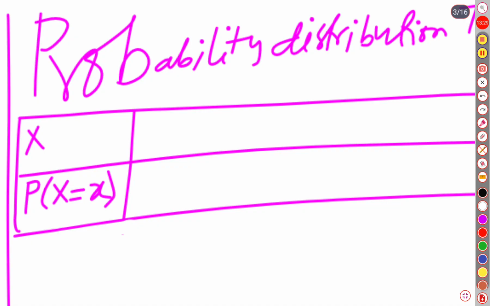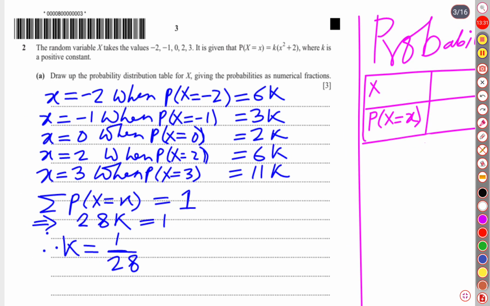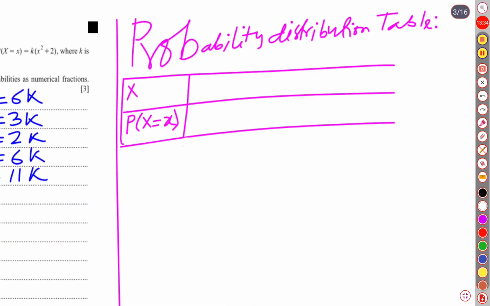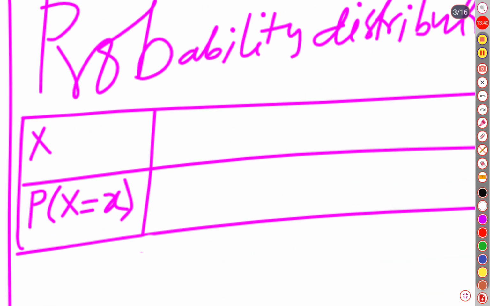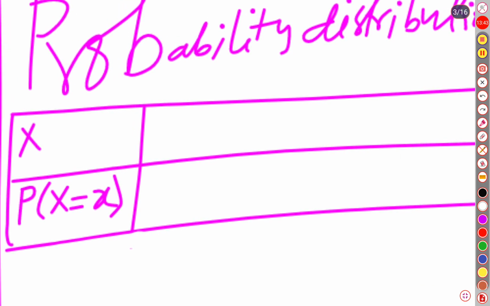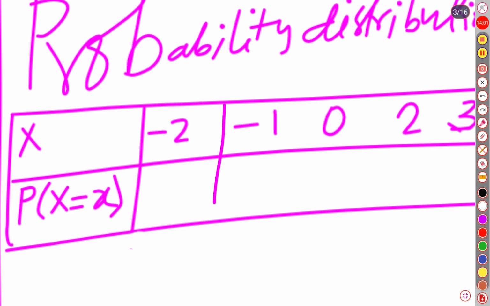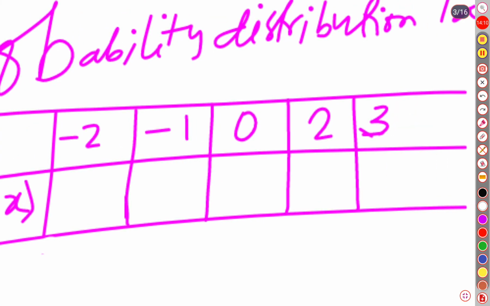The values given are -2, -1, 0, 2, as well as 3. So let us write them: -2, -1, 0, 2, and the fifth one, 3.